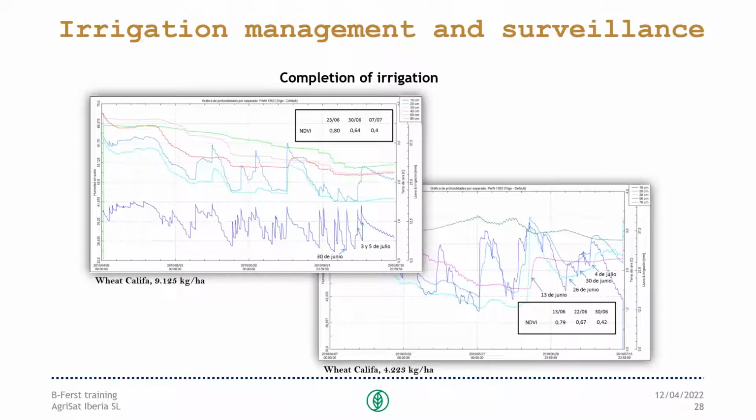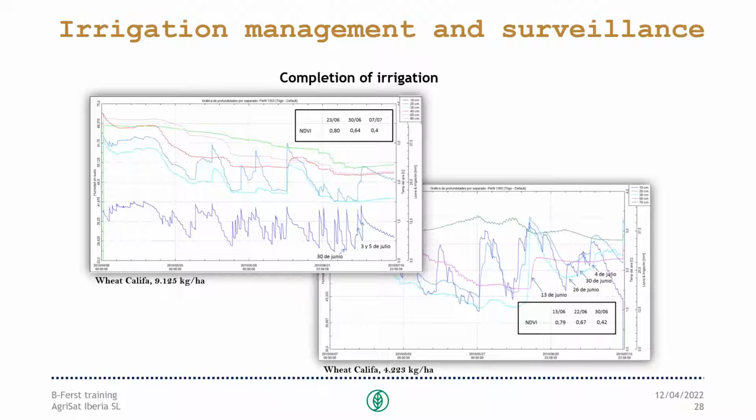To determine the end date of irrigation, we have checked the satellite information with the use of capacitance probes installed in different plots, and we have observed what the NDVI value is when the crop doesn't need more water, because it has enough water in the soil.